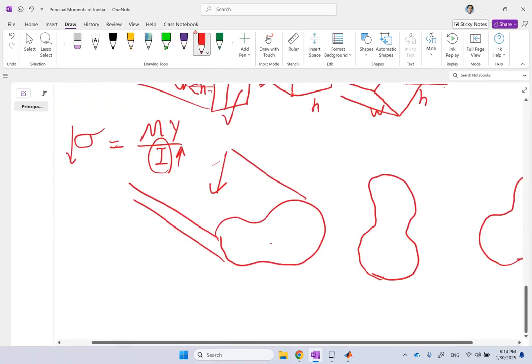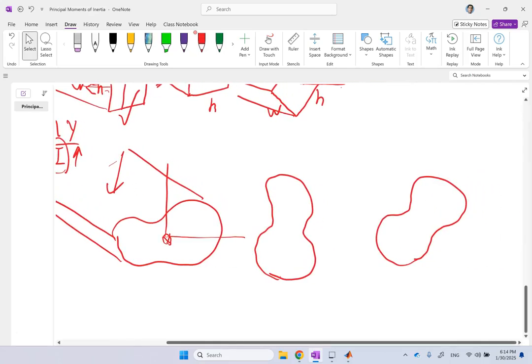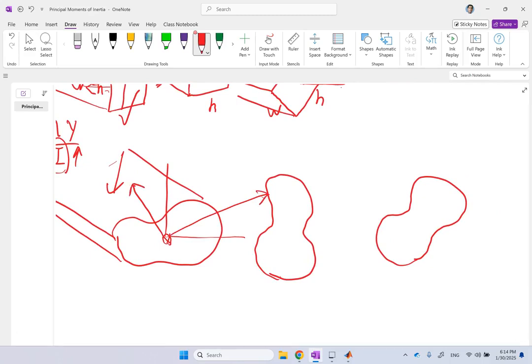Here, you have to find the centroid. You have to go with the traditional x and y, find Ixx, Iyy, Ixy. You can do it in CAD. And then plug it into the formula to find that the best direction in this case might be this one. This is the direction for it. This is basically about this axis.